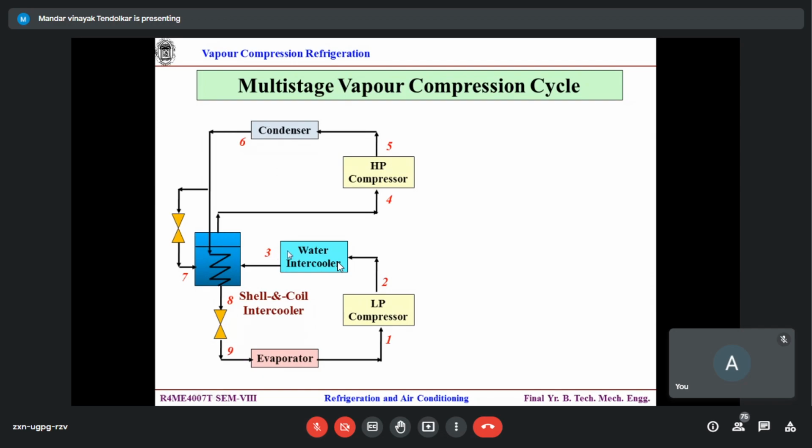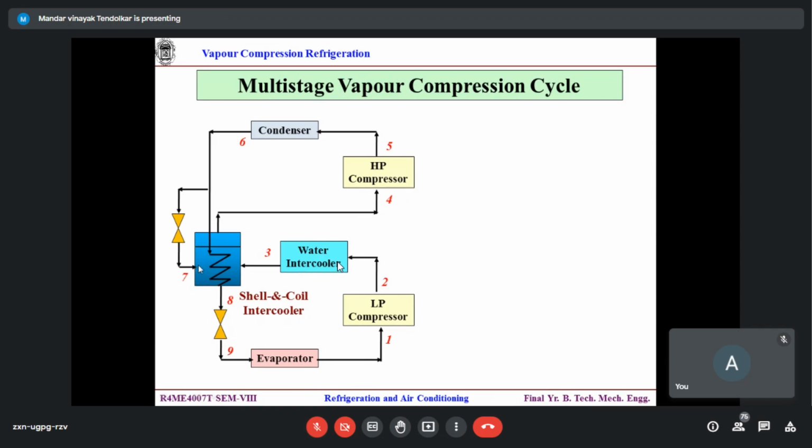Simple now. The rest of the cycle is the same. 3 is vapor part. Okay. Here there is a liquid. Where did it come from? This condenser part. This 6 directly comes over here. So this is liquid only. Do you agree? Yes, sir. Let's say a certain fraction is expanded.